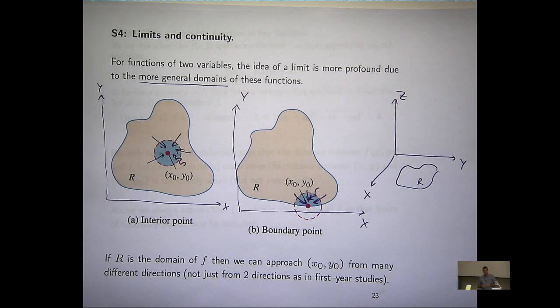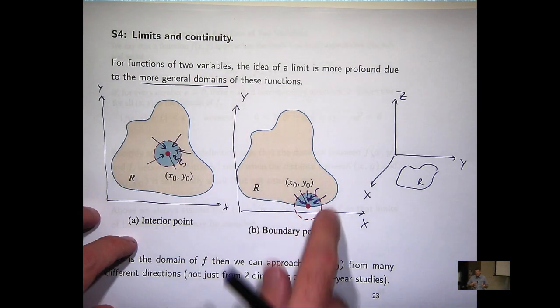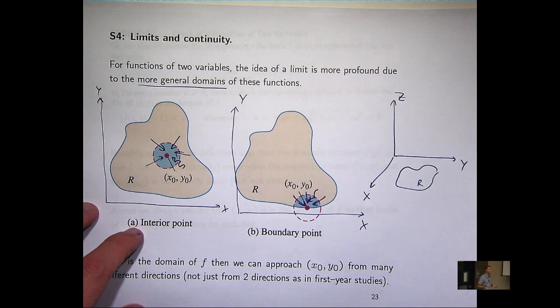So the important thing is, when we look at functions of two variables, you can approach a point from many different directions, not just from a left-hand and a right-hand side. That's what we're going to talk about today: the formal definition of a limit in this context, and also continuity.